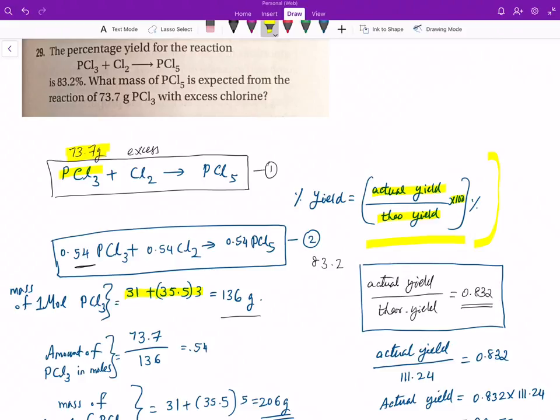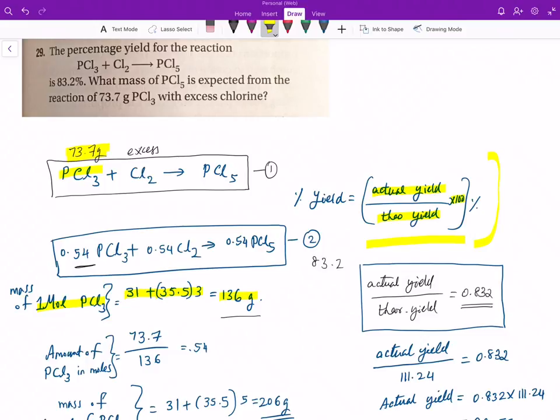Okay, what that also means is that 1 mole of PCl3 weighs 136 grams. Okay, don't mix them up. 1 molecule of PCl3 weighs 136 atomic mass unit. But 1 mole contains lots of molecules. So 1 mole of PCl3 weighs 136 grams.